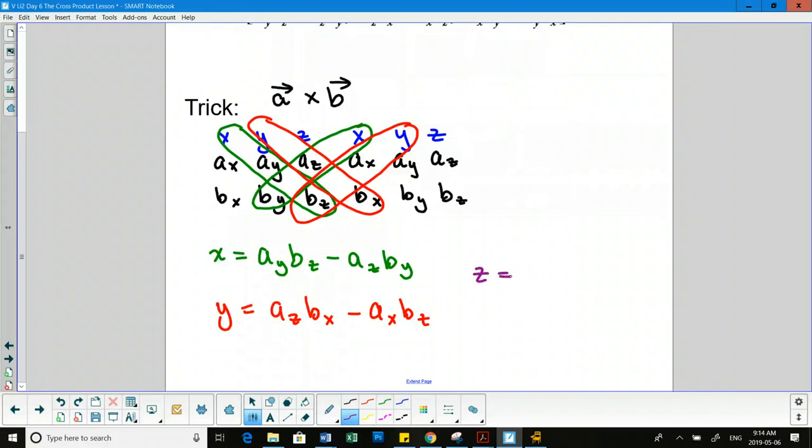One second, Ryan, hold your question till the end. Okay, it will be this. Yep, that's okay. We use each component twice. It's AX BY minus our last diagonal here, which is this one, AY BX.